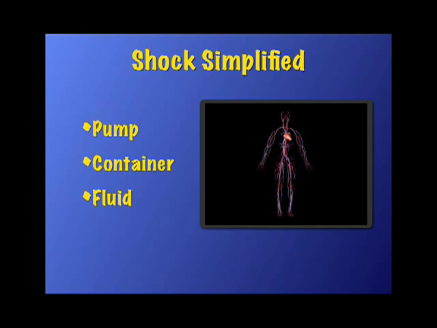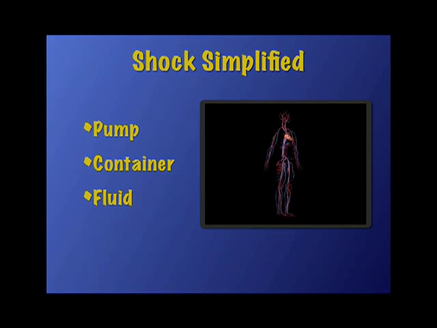If there's any problem that affects any one of those three components, it will cause the body to slip into shock. The body's ability to compensate for whatever the problem is will affect the body's progression in the shock process. Either it will resolve or it will continue to deteriorate to the point where it can no longer compensate and shock becomes decompensated.